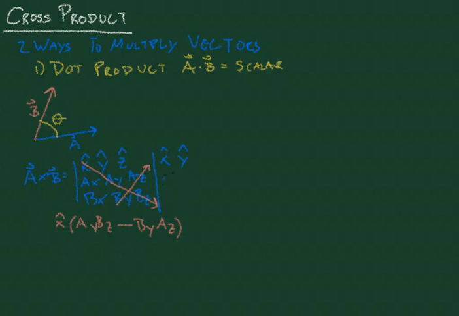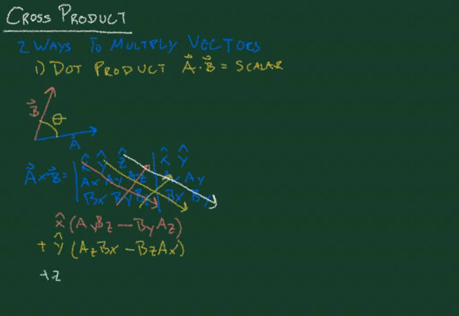So this is ax, bx, ay, by. So y hat is going to be az bx minus bz ax, and then the z hat is going to be ax by minus bx ay.